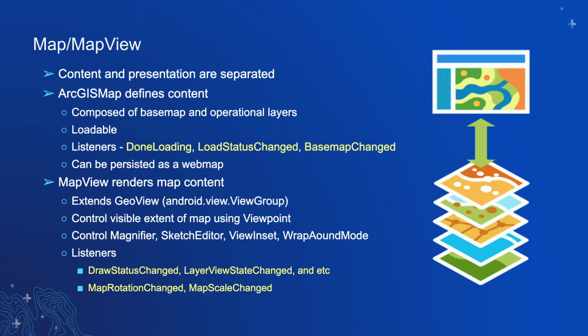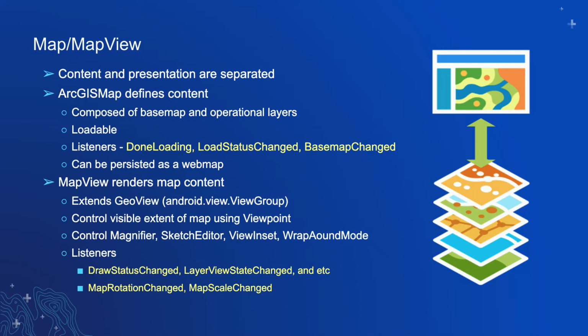It also defines a lot of listeners so that you can take certain actions based on what's happening. Say when the map is downloading, or the status of the map has changed, or you change your base map, you can listen to these events and put in your logic based on them.